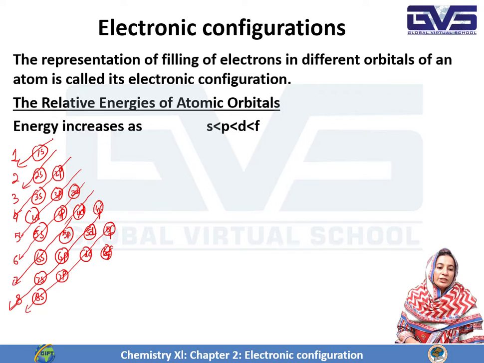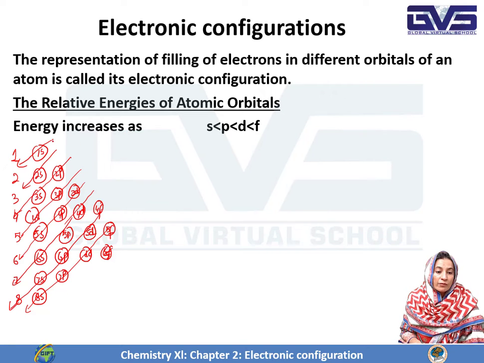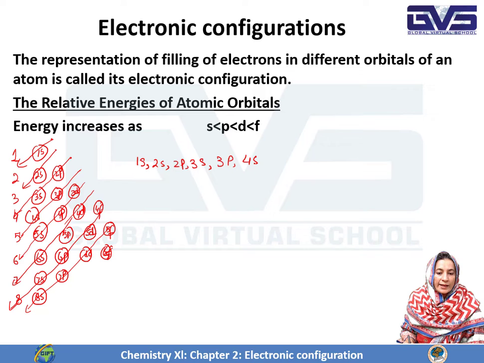Now start from the tail to head of each arrow and write the sequence of the orbitals. From this tail to head, here it comes 1s. Then the next arrow, that is 2s. Then in the third one, 2p and 3s. In the fourth one, 3p, 4s.